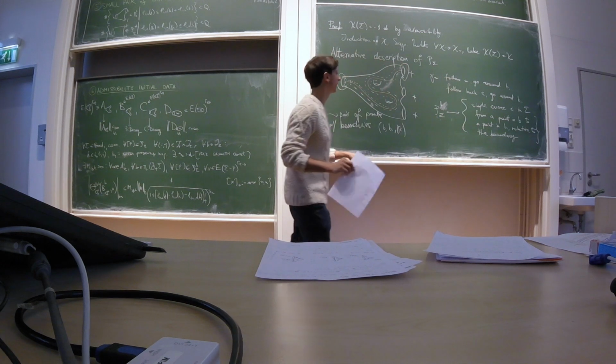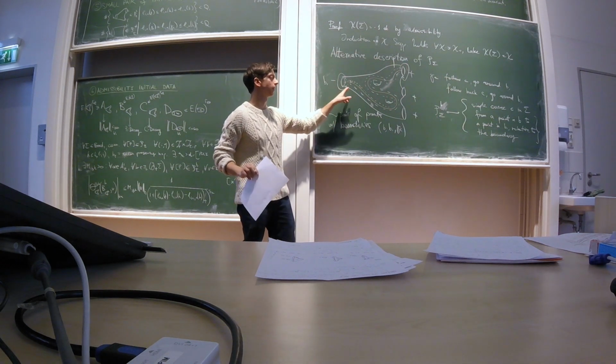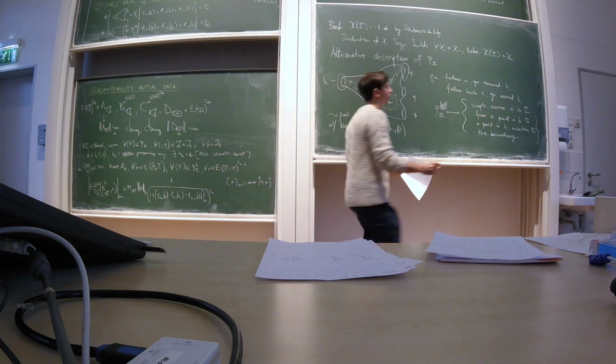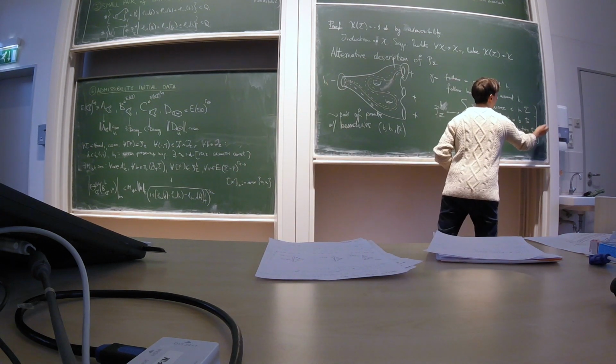The only thing that I didn't say is that you can take a simple representative in the homotopy class of gamma C. And it's actually a bijection.